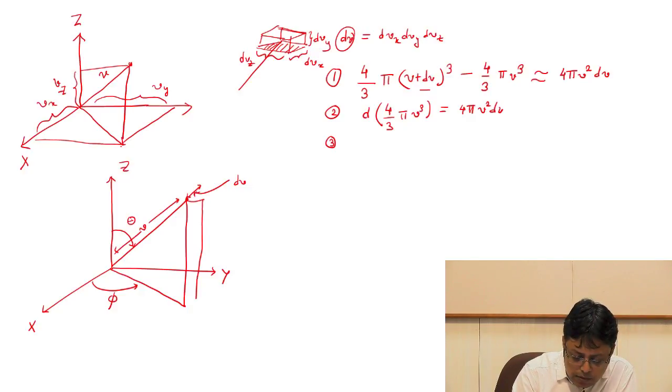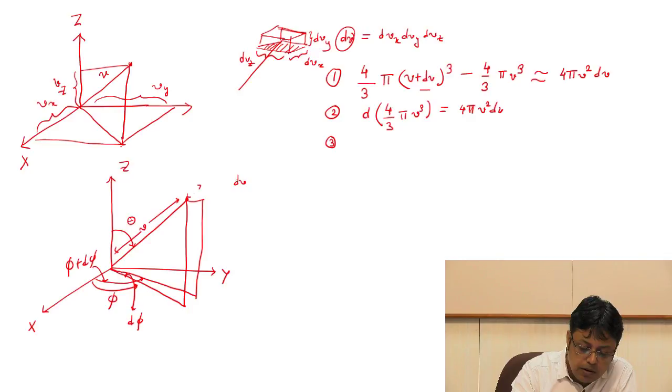So if I draw it like this, this is phi plus d phi, so this small angle is nothing but d phi. And simultaneously we have to go to theta plus d theta. That you also remember. The dv change I'm doing slightly later.